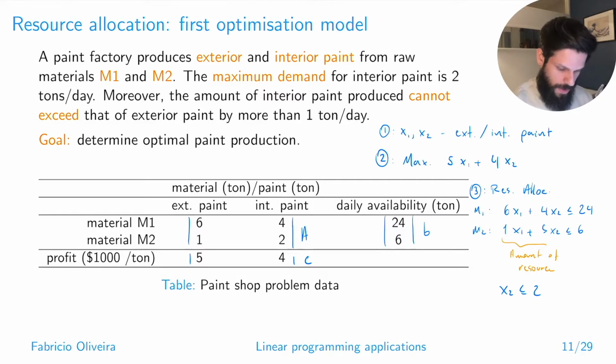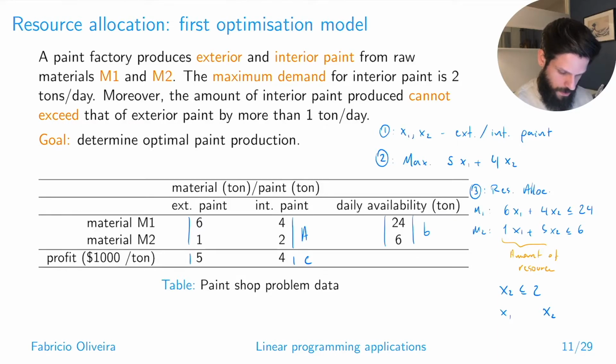So when I look at the amount of exterior paint I make, which is x1, and I compare it with x2, which is the amount of interior paint, what I'm saying is that the amount of interior paint cannot exceed that of exterior paint.